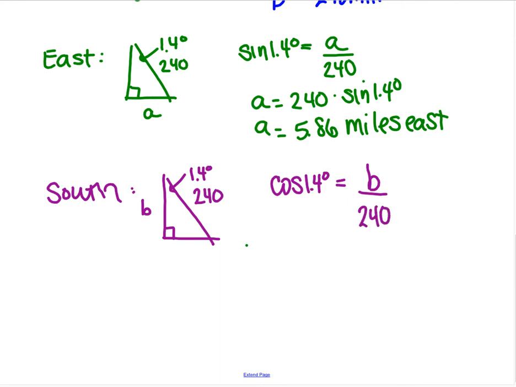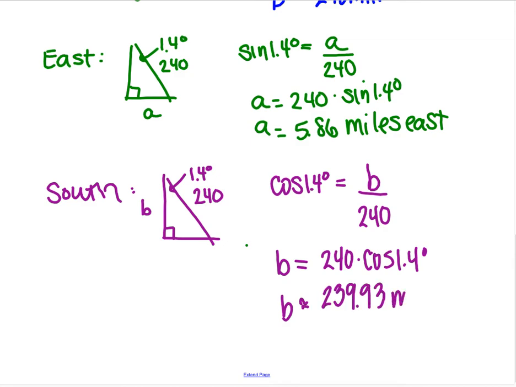Now we solve this for B. We multiply both sides by 240, so 240 times the cosine of 1.4 degrees. Sub it into our calculator. B is approximately 239.93 nautical miles in the south. So again, that last calculation there is 239.93 miles south.